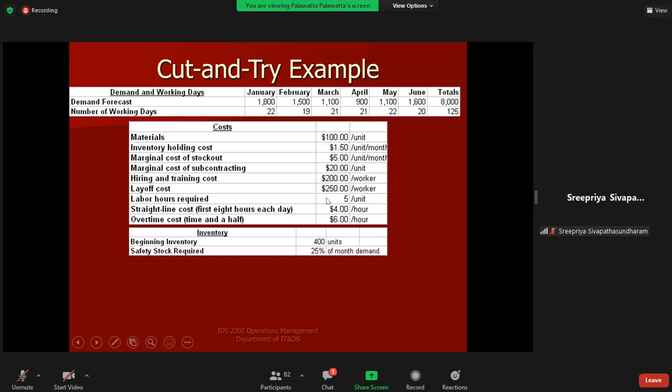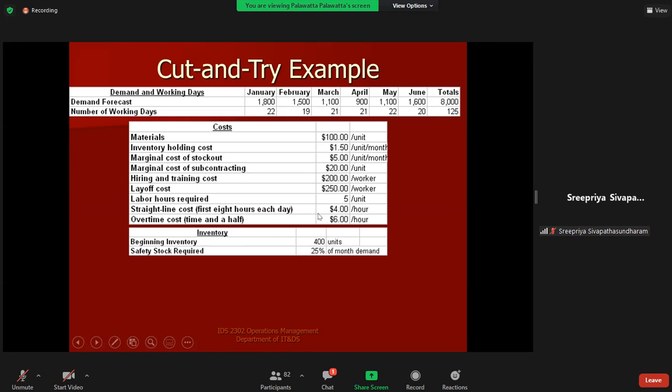And then labor hours required, you see, 5 per unit. Straight time cost: this is regular time. Straight time is regular time. First 8 hours each day is $4 per hour. Overtime cost, you see, is time and a half. Maximum allowable overtime is limited.